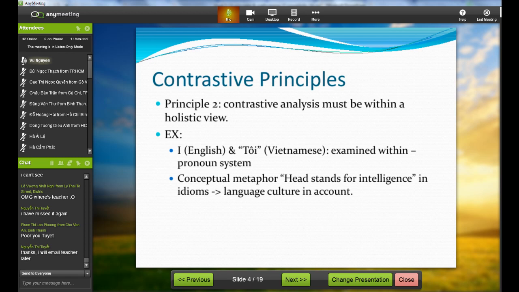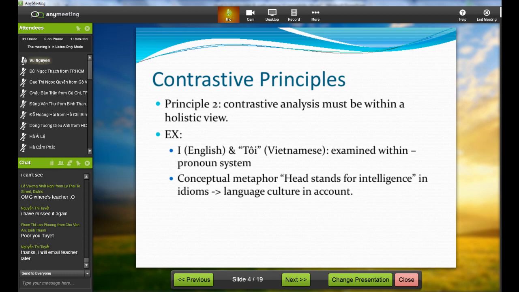So try to be far-sighted, and try to look at all of the possible things that may have a certain connection to the topic.